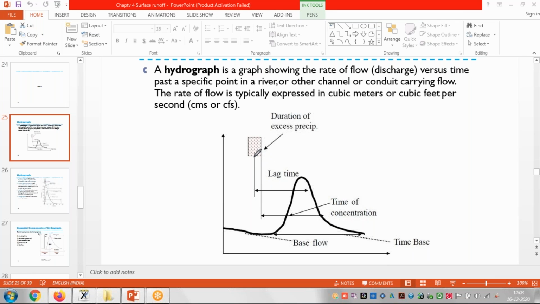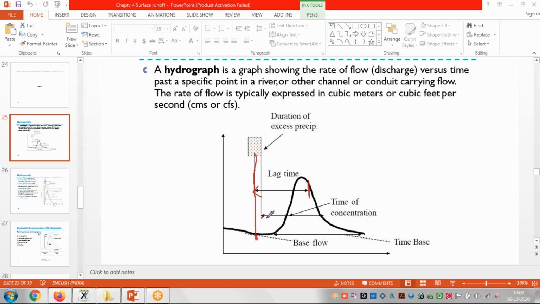Lagging time means from here, up to when it is just at the point of reducing, right? This is the lag duration. This is called the lag time.